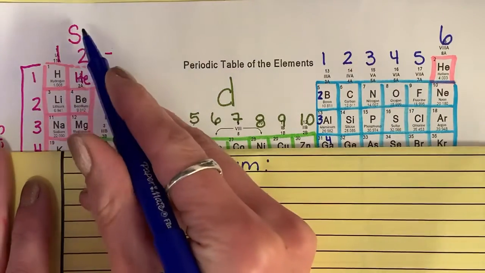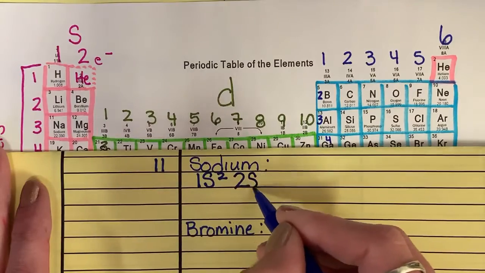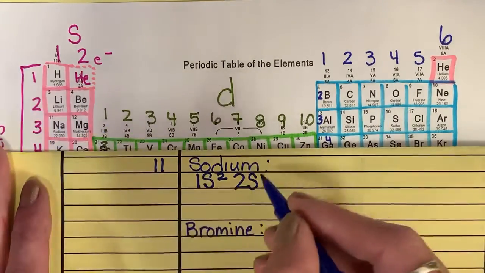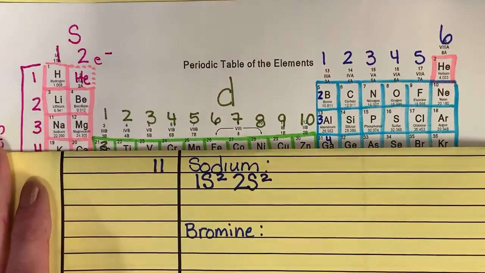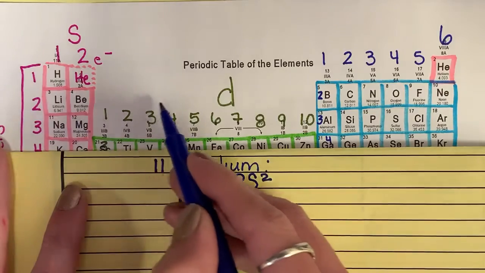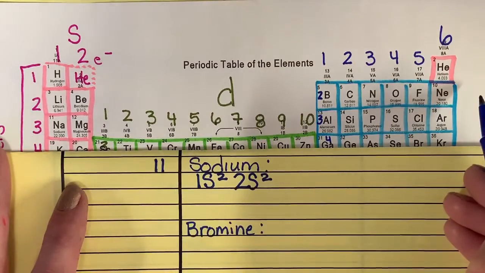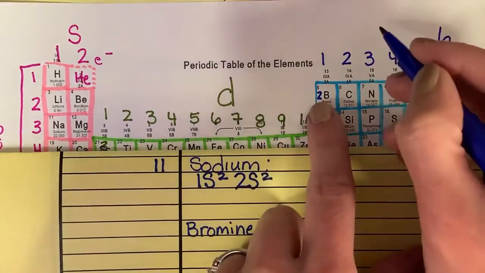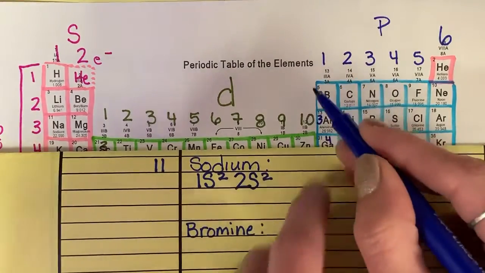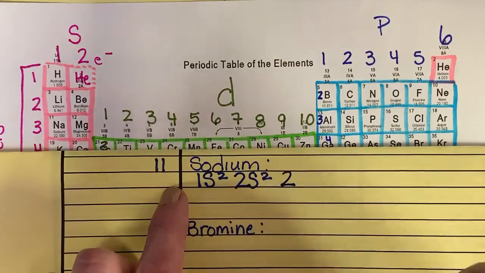It's still orbital S, and orbital S can hold 2 electrons. Okay? I keep reading straight across. So now I hit energy level 2, still 2.